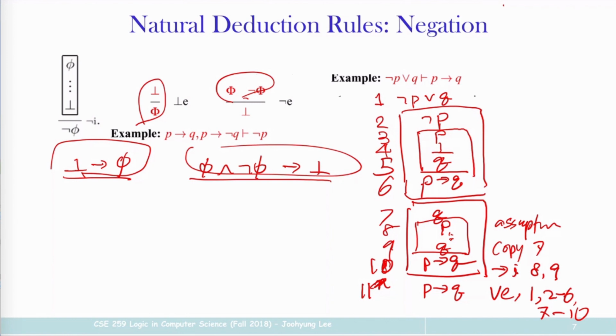Now, the rule is actually necessary, because if you omit it, there are some formulas that you cannot prove to be true. In the informal sense, what this rule is saying is that if you make a contradiction, then anything can follow from your assumption.